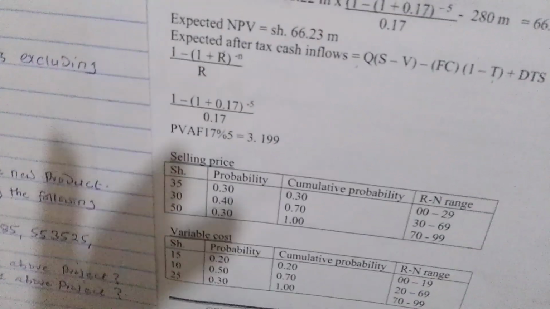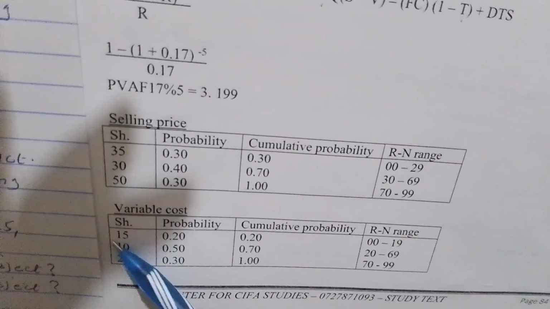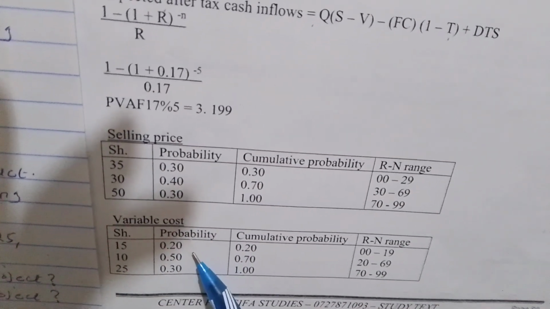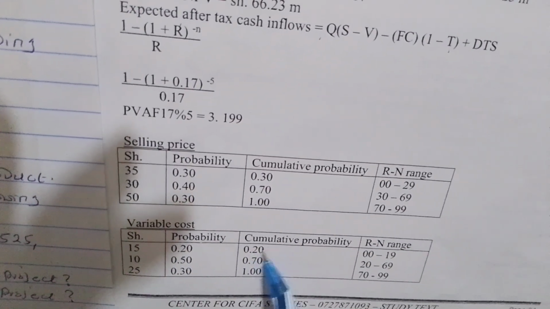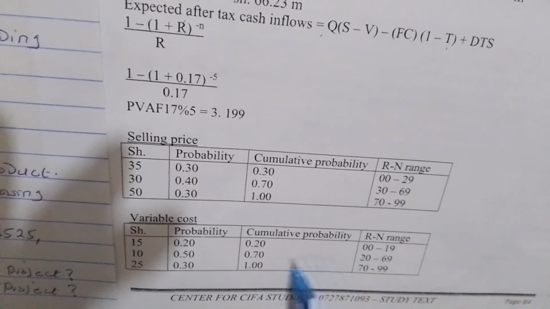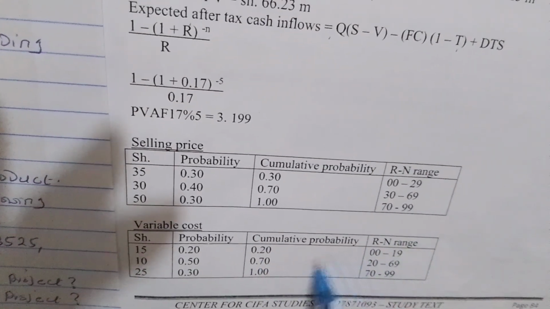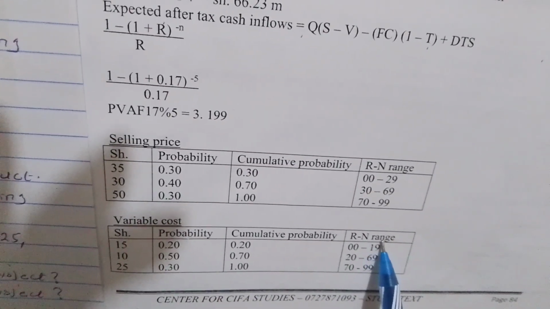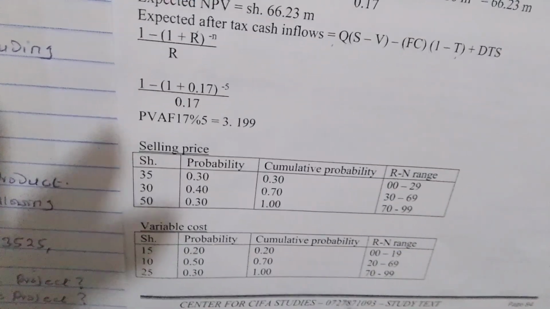For the variable cost, the shillings are here, the probabilities are here, and we cumulate them. Cumulative 0.2, then 0.2 plus 0.5 is 0.7, 0.7 plus 0.3 is 1. For range, these numbers are from 0 to 100, so you minus 1, you get 19, you minus 1, you get 69, and 100 minus 1 is 99, and therefore you just add 1. 19 plus 1 is 20, 69 plus 1 is 70, and you are through with that.